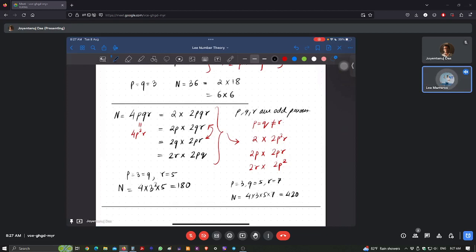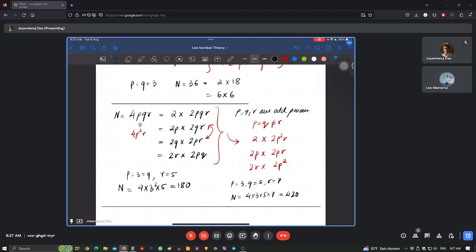The reason why you choose 4 is because, before, we said if an E number is divided by 2 and the result is odd, then it is an E prime.